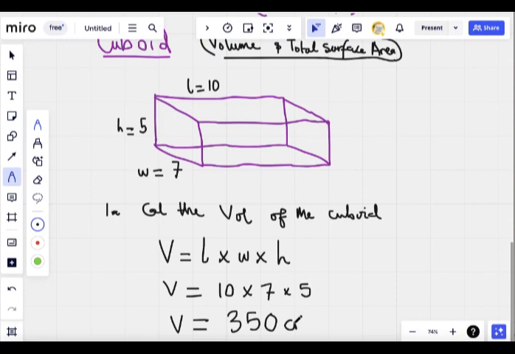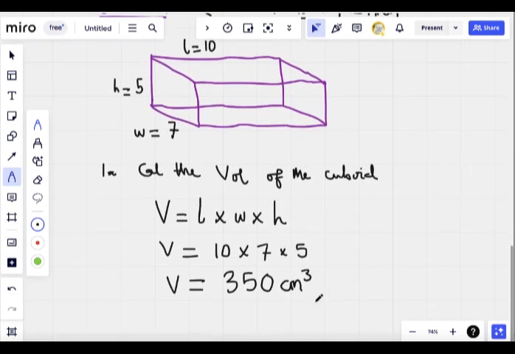If the units are in meter, you say 350 meter cube. If the units are in feet, 350 feet cube or cubic feet. Okay, so that's the volume. The A part of the question says calculate the volume of the cuboid. So to calculate volume is simply the length times the width times the height. I think this is clear enough.